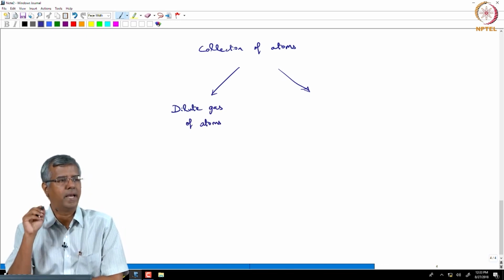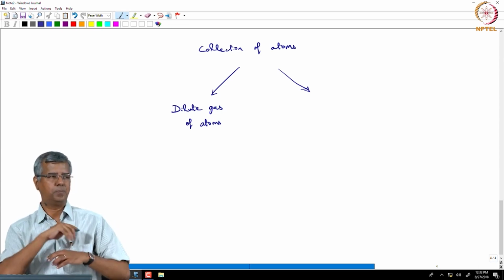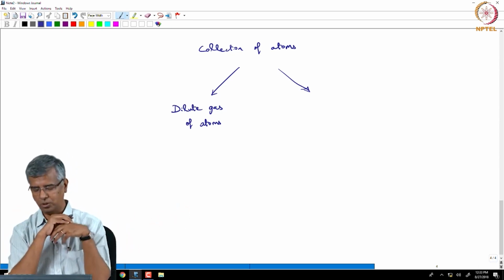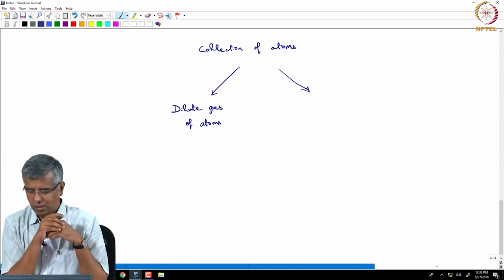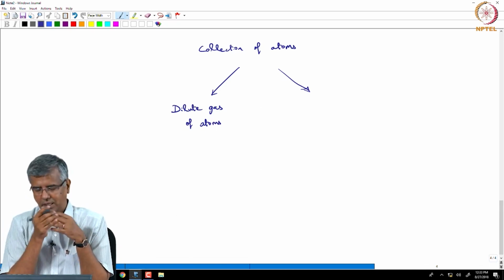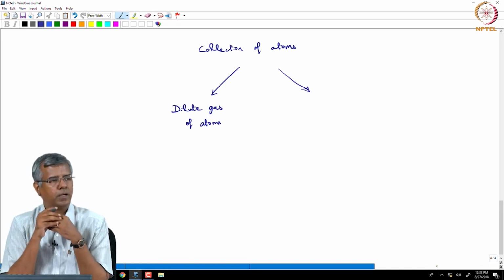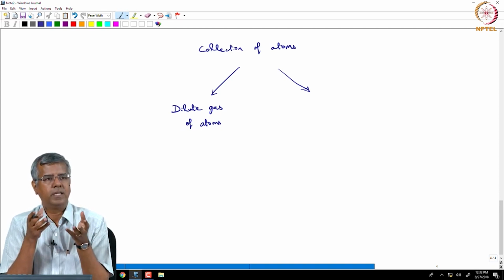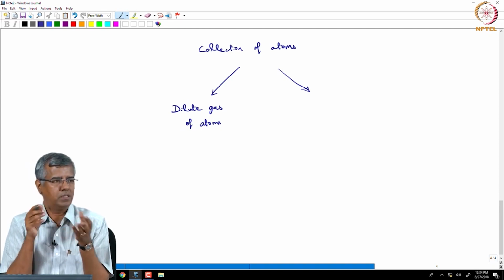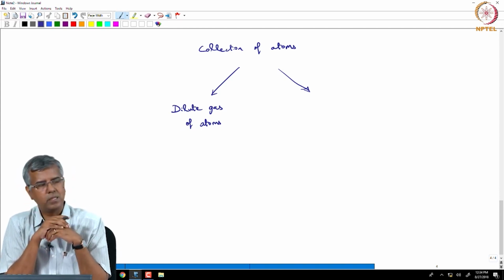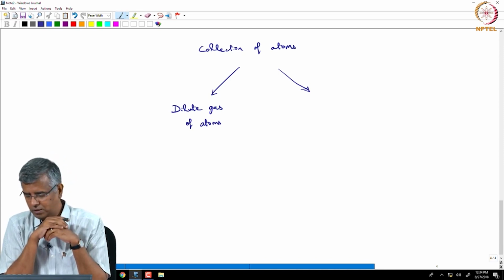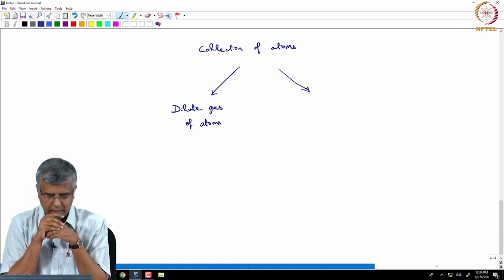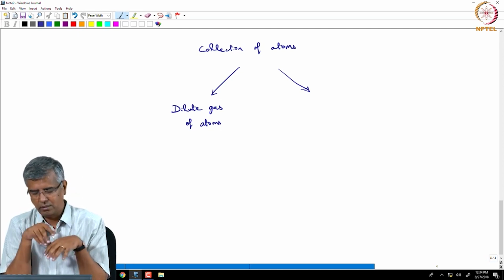Okay, it's just a dilute gas of atoms that are dispersed in this host medium. That holds good for gases, and for relatively low concentration solutions, the kind of solutions that you are dealing with, rhodamine 6G in methanol or something like that.